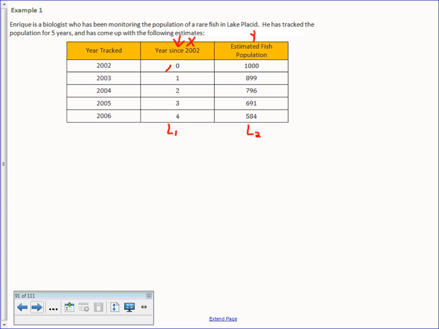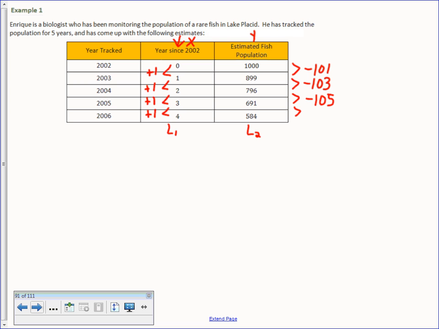So again, I'm going to eyeball my X values and I'm going to see that the change has increased by 1. It is constant. And when I take a look at the fish population and I calculate this change, that went down by 101. From 899 to 796, I went down by 103. From 796 to 691, I went down by 105.